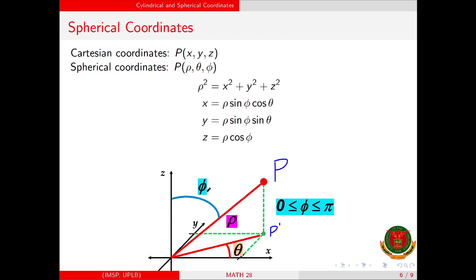The angle phi here is represented by the angle formed by this line segment with the positive z-axis. Take note here that the angle phi will range from 0 to pi.